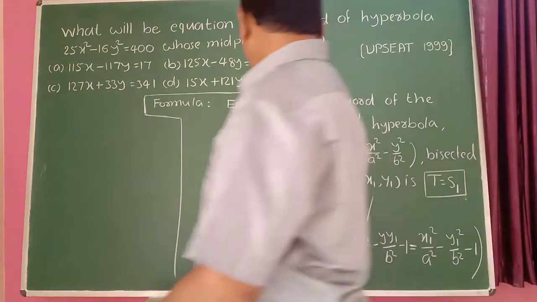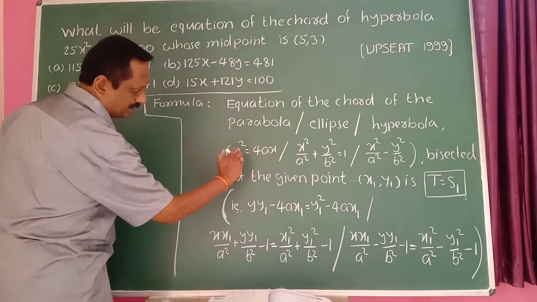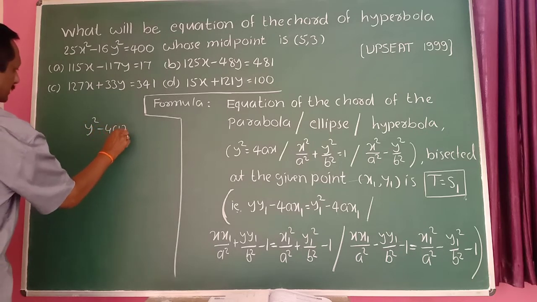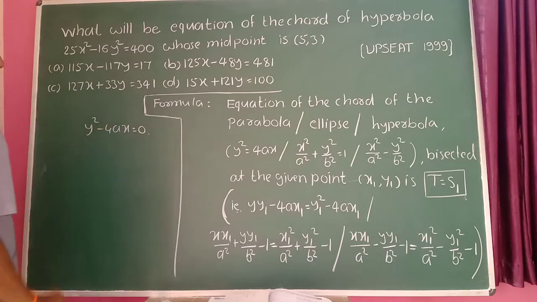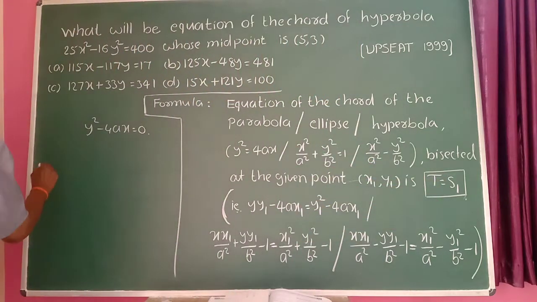Suppose the equation of a parabola is y² = 4ax. Take the 4ax to the left side. Then y² − 4ax = 0. Here T means the equation of the tangent.